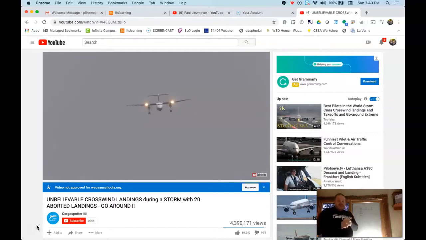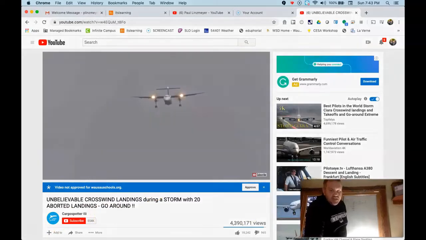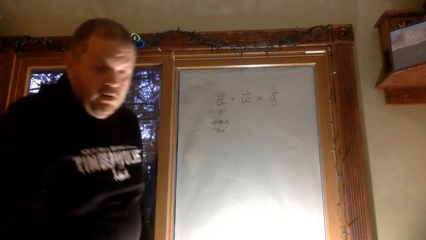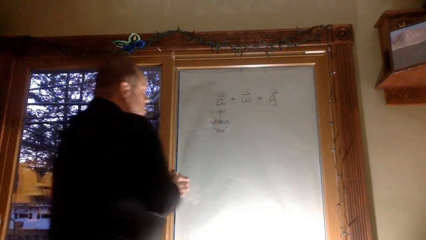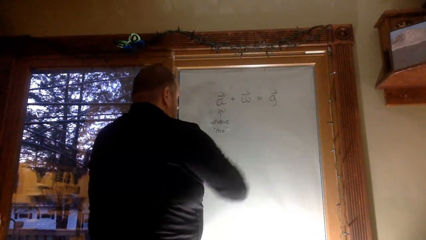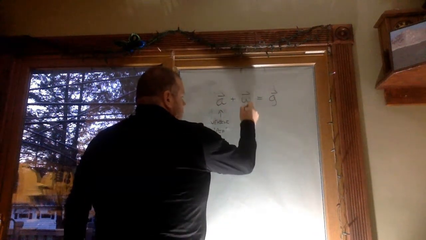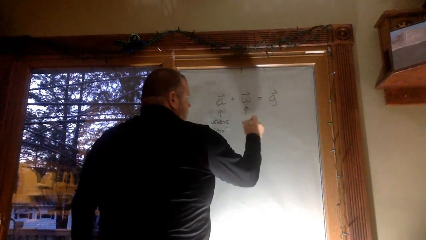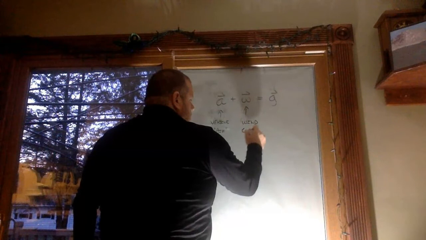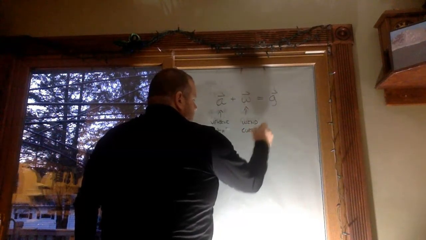So that's going to have a vector, and that vector is going to have to come into play at some point in time. So that W in here is your wind vector, or your current if we are sailing a ship.